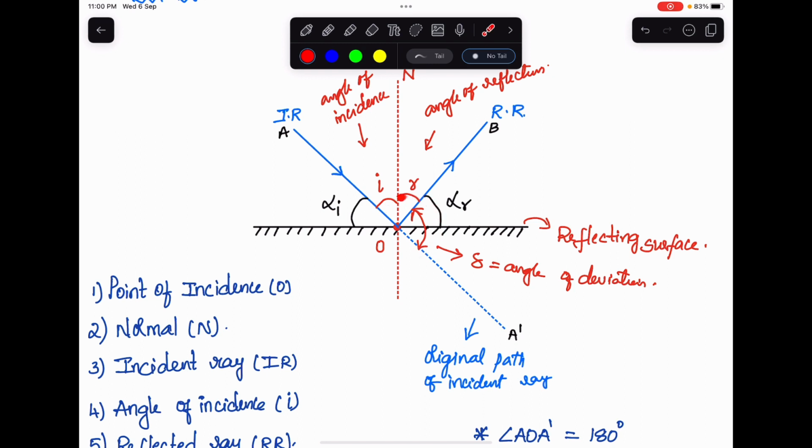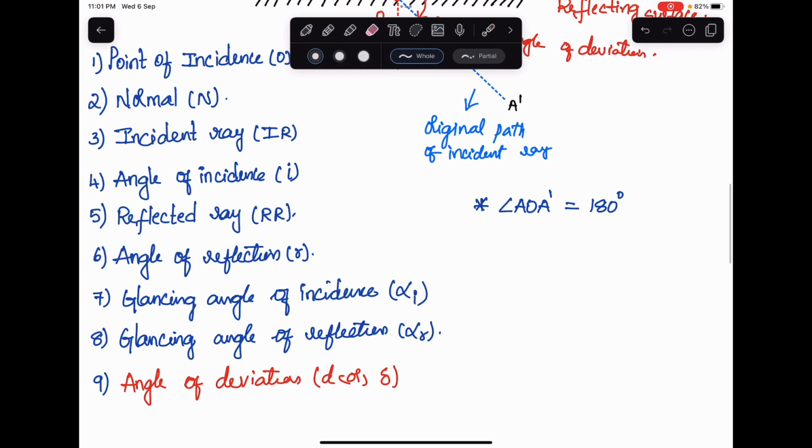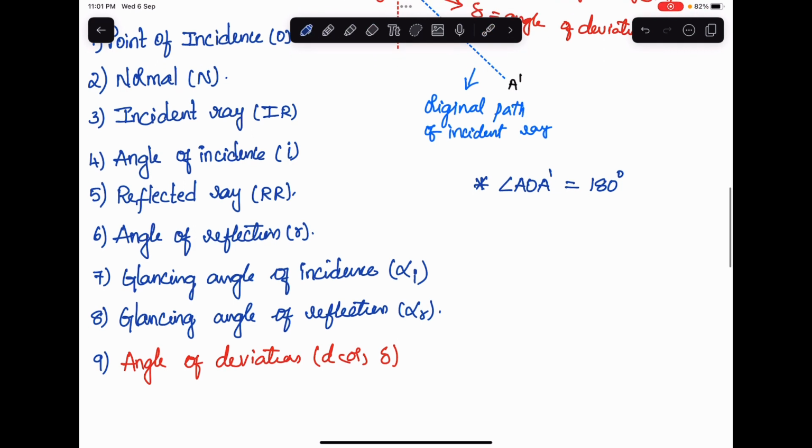So in this 180 degrees, which angles are included? See here carefully: i, r and delta. These three together make 180 degrees. Write it down. So i plus r plus deviation is equal to 180 degrees. So the angle of deviation is equal to 180 degrees minus (i plus r).